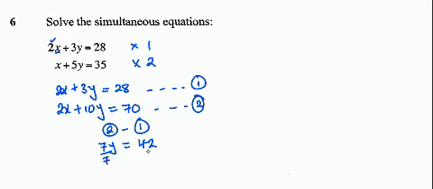Divide by 7 both sides. So my y will be, 7 into 42, that's 6. My y is 6. Now let me get my x. I'm going to take any equation and substitute. So let me take equation 1: 2x plus 3y is equal to 28.